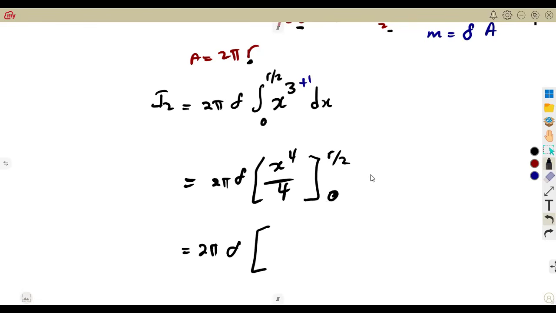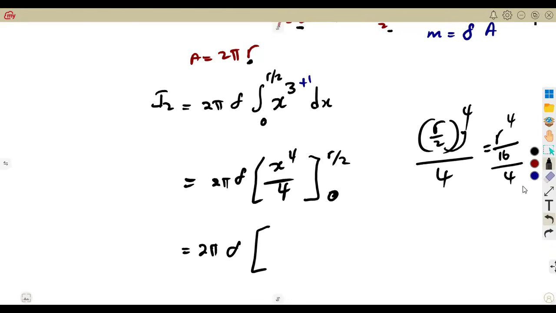You substitute upper limit minus lower limit: r over 2 to the power of 4, over 4. 2 to the exponent of 4 is 16, but you're dividing by 4, so it's simply 16 times 4. So it will be r to the exponent of 4 over 16 times 4, which is 64, minus the lower limit, which is 0.